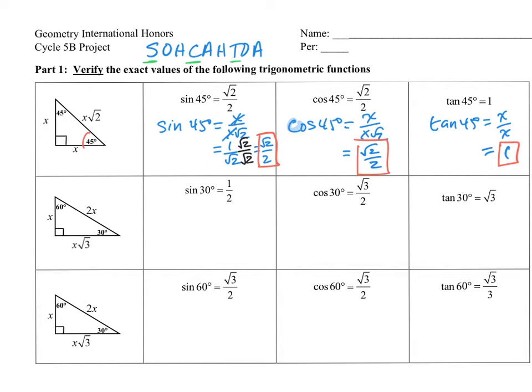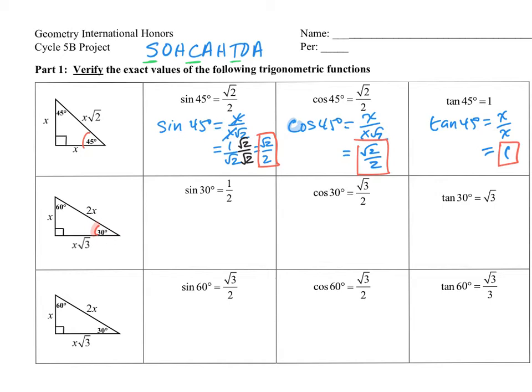Now let's use this 30-60-90 triangle to verify that the sine of a 30-degree angle is 1/2. Remember that the sine of an angle is equal to the ratio of the measure of the opposite side to the hypotenuse. Let me mark this angle.